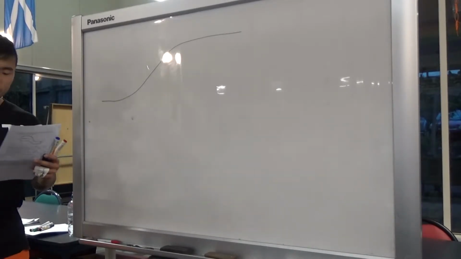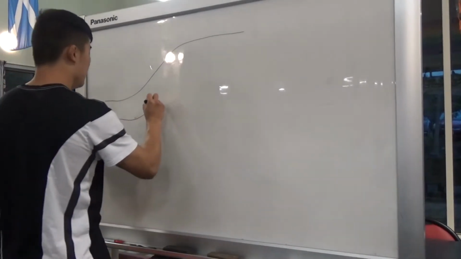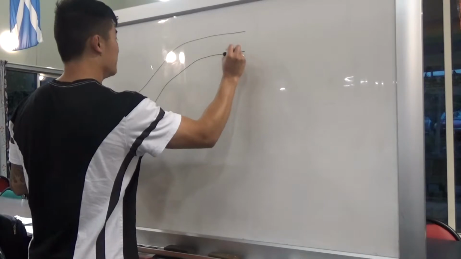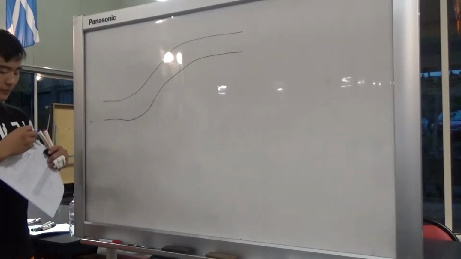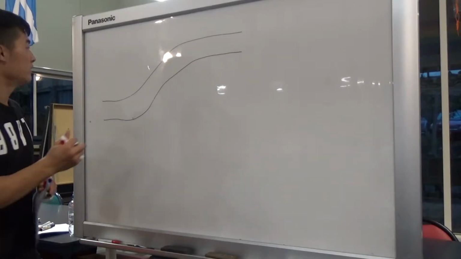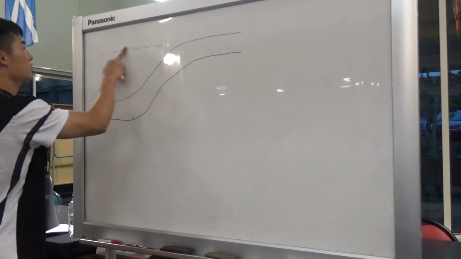So what is the pressure of the water at the top of the incline? So if we have our pipe here, so the cross-sectional area stays the same.